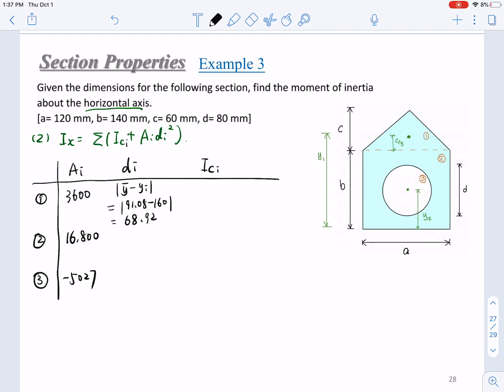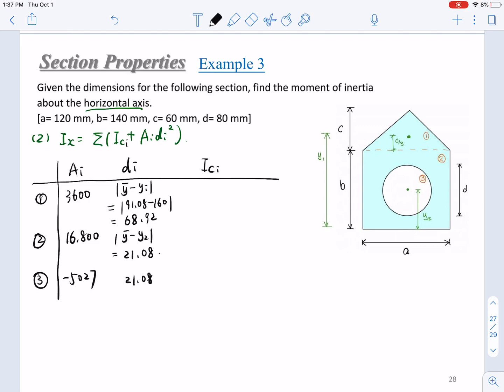And the d2 will be y bar minus y2. So absolute values will be 21.08. Here also 21.08.